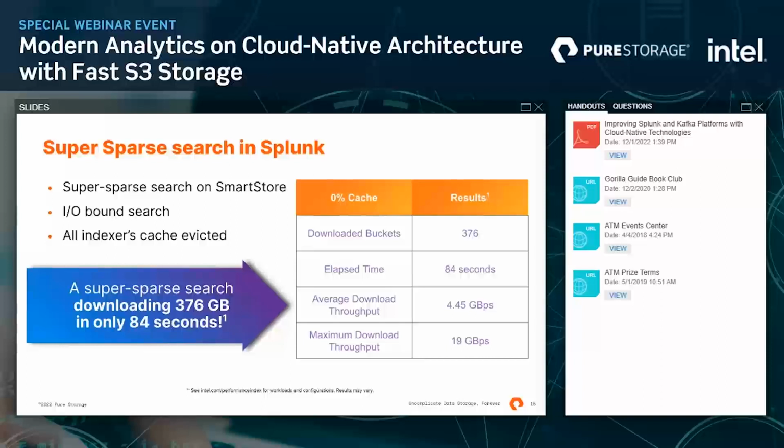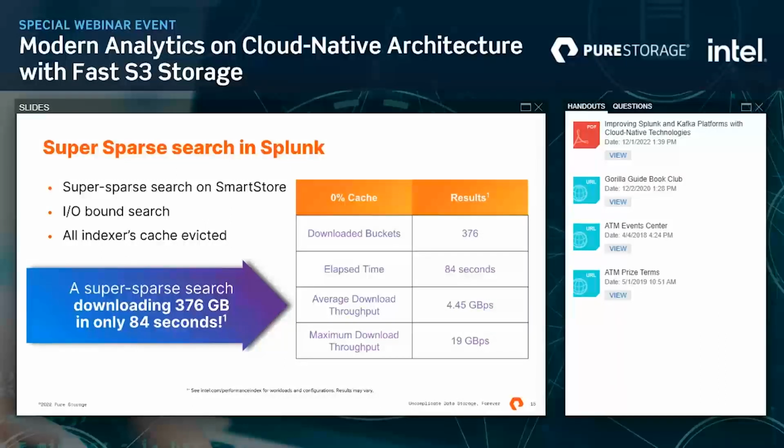Even though most of the searches will be happening from the cache, there are cases, such as failure scenarios or security aspects you want to check, where you might want to go back and pull the data. If it's not in the cache, then you need to be able to pull the data back from S3. In this particular case, we did a super sparse search, which is an IO-bound search, like a needle in a haystack kind of search.